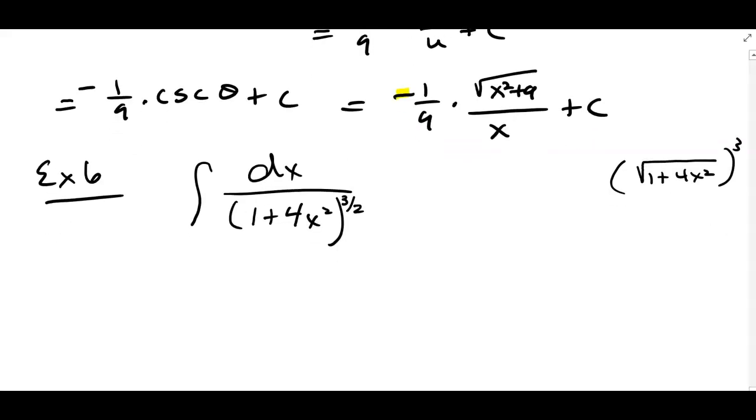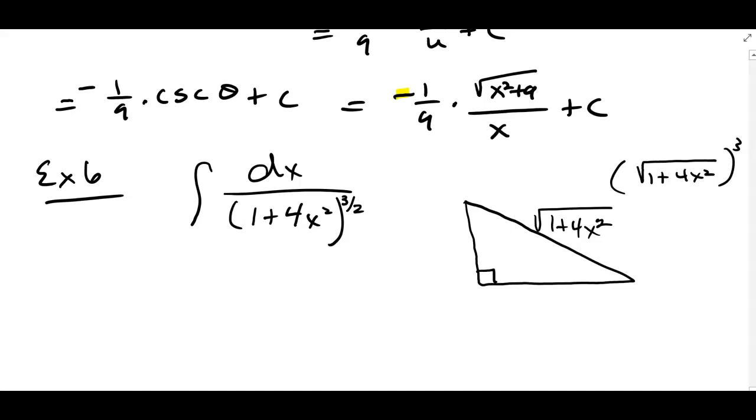So don't let that rational exponent throw you off. It's still radical 1 plus 4x squared. All right, so when you do your triangle, it's a plus, so that radical 1 plus 4x squared goes in the hypotenuse.